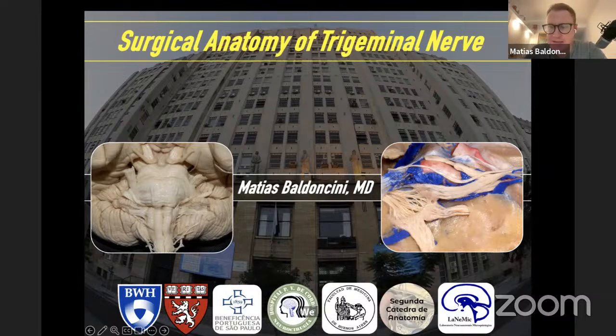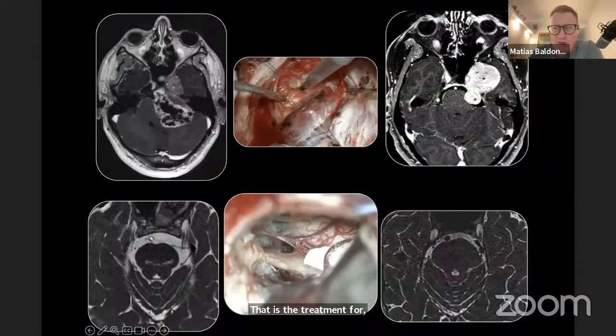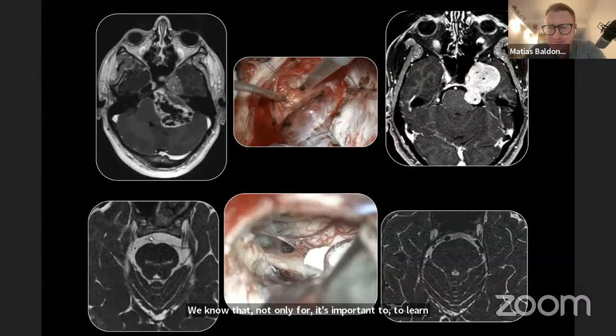We will try to observe the different details of the anatomy of the trigeminal nerve, especially focusing on the topic that we are trying to emphasize nowadays, that is the treatment for trigeminal neuralgia. And we know that not only for trigeminal neuralgia it's important to learn the anatomy of the trigeminal nerve.